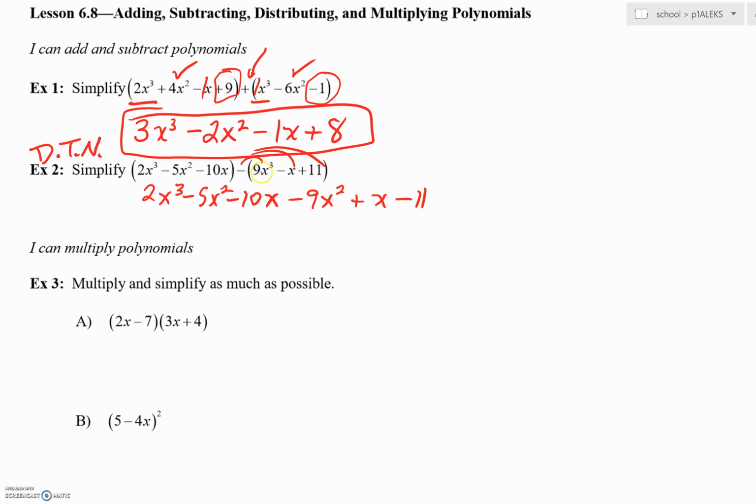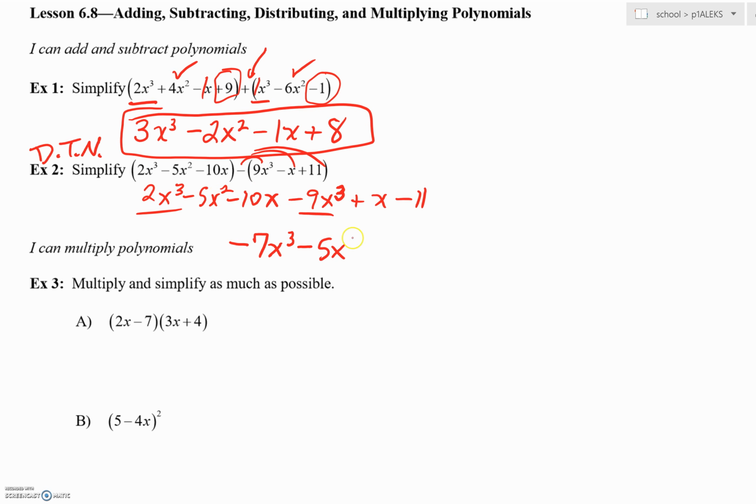So just take the moment to distribute that negative, and then you combine your like terms. Oh, and forgive me, I miscopied that. That's a minus 9x cubed. So 2x cubed minus 9x cubed is a minus 7x cubed. There are no other x squared terms to put together.